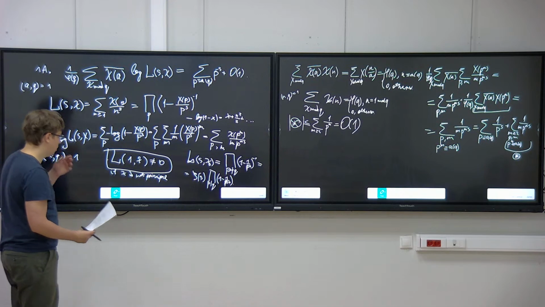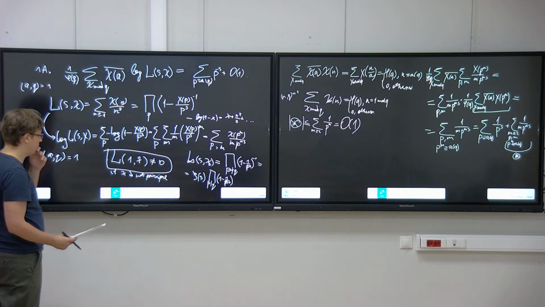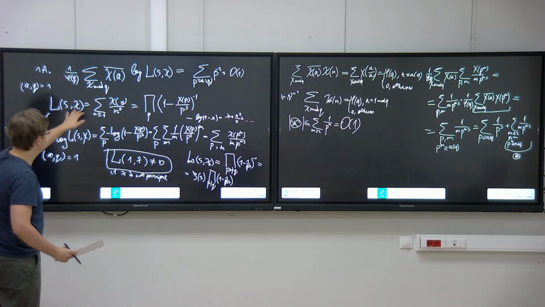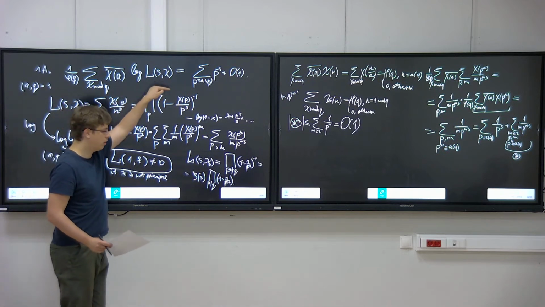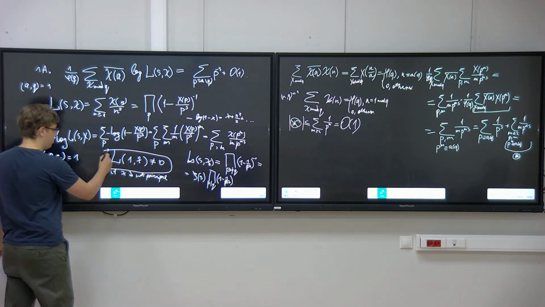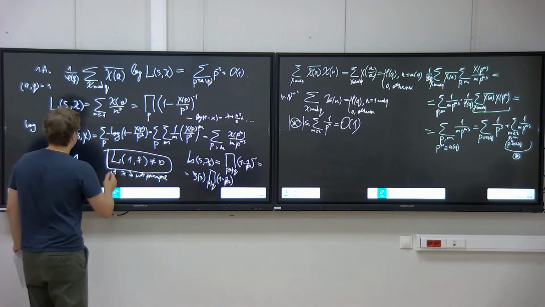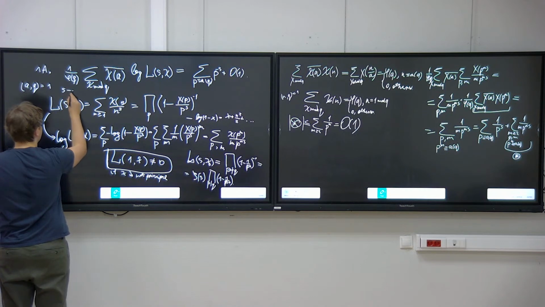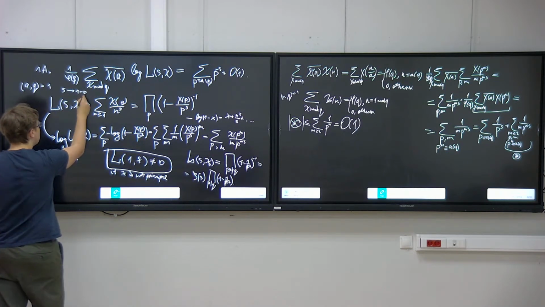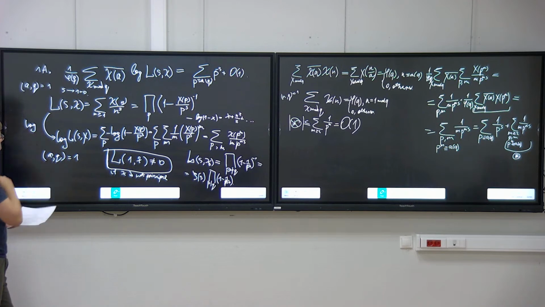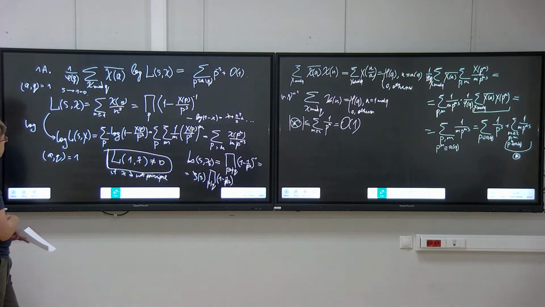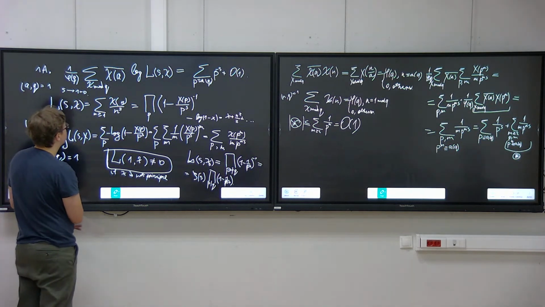And hence, what can we say about such a sum, if we know also that this is not zero? What if we tend S to 1? How does it behave? Then this should tend to the sum for S equal to 1.